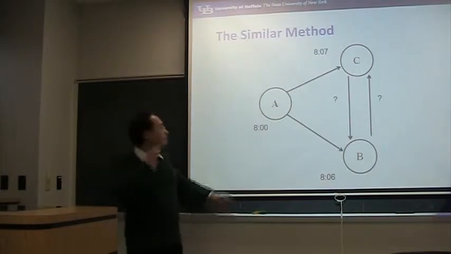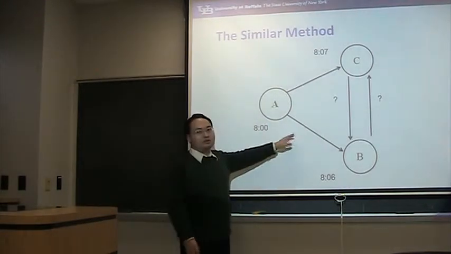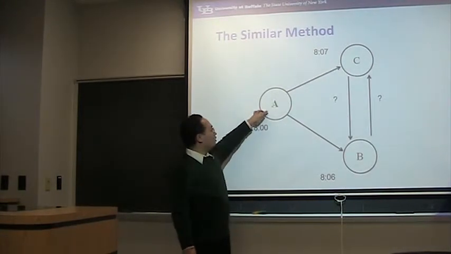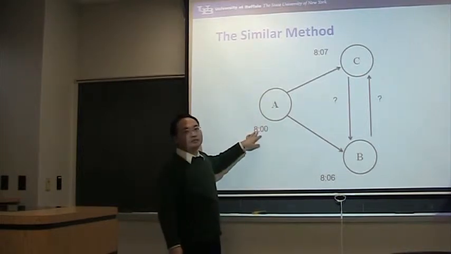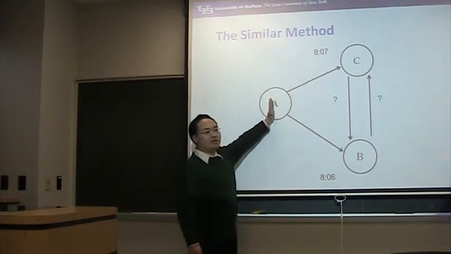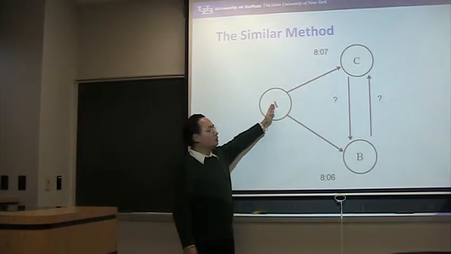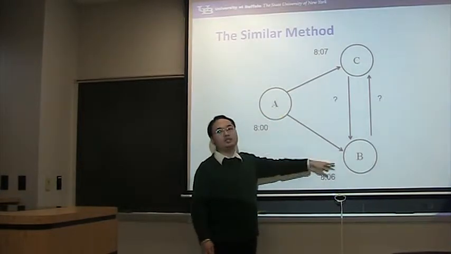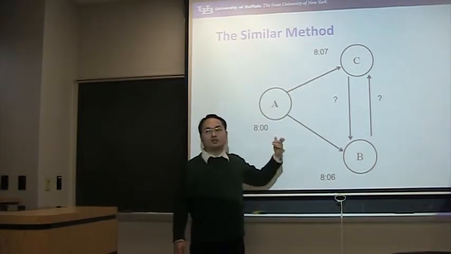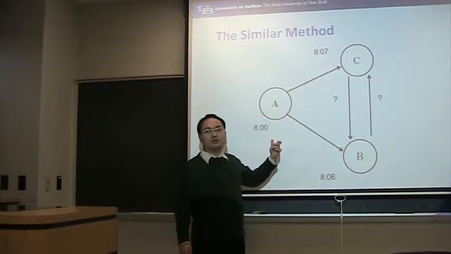See this example. The same example, 3 nodes. You arrive at node A at 8 p.m. And starting at 8 p.m., you can then calculate the travel time from A to C and A to B using the travel time function, right? Correct?